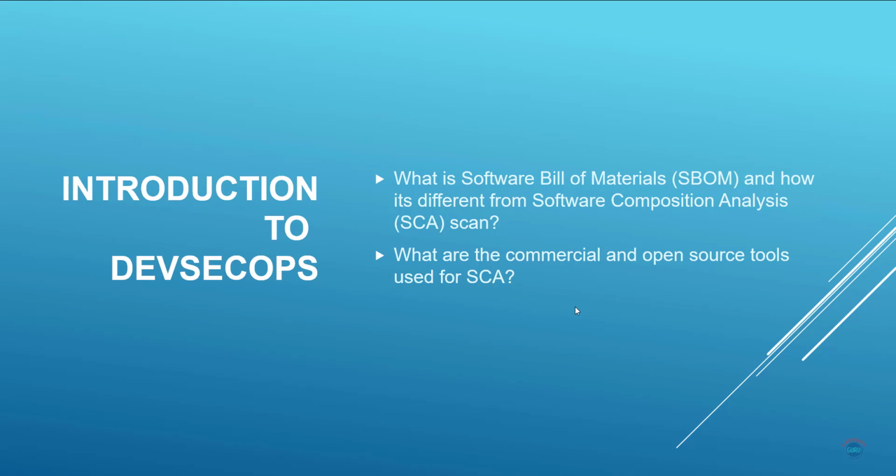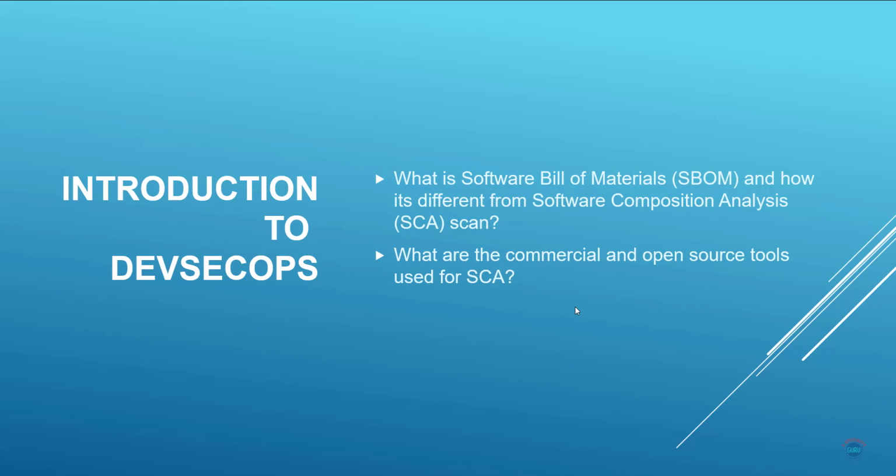In this lecture we are going to talk about software composition analysis scan and how it's different from software bill of materials, also called SBOM. You might have heard about SBOM. If not, that's fine, it's a new term, but it's widely used in the enterprise environment.